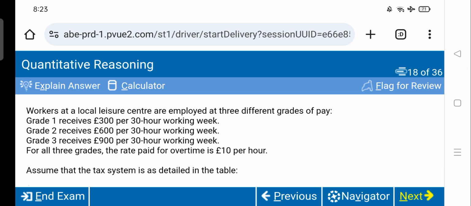Next question we have, workers at a local leisure center are employed at 3 different grades of pay. Grade 1 receives 300 pounds per 30-hour working week. Grade 2 receives 600 pounds per 30-hour working week.